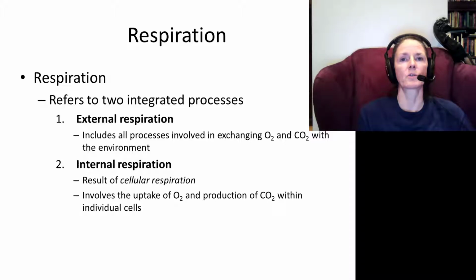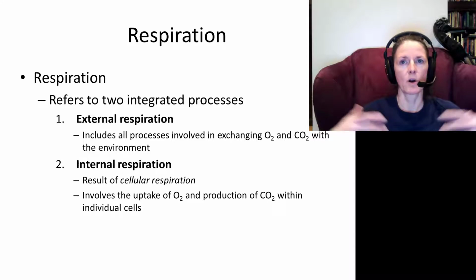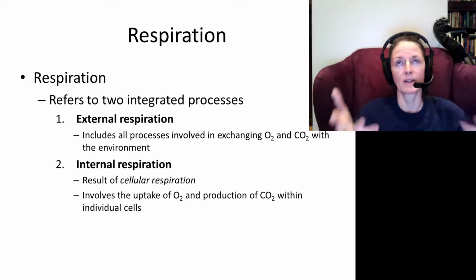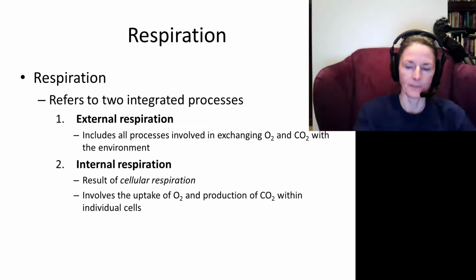Carbon dioxide is going to have to be off-gassed, so it's going to have to be transported through the interstitial fluids into blood and so forth, where blood will travel to the lungs, and then we can do our external respiration, which is exchanging the carbon dioxide from the interstitial fluids to the outside with the oxygen that we just brought in from the outside, so that we can then bring it inside.